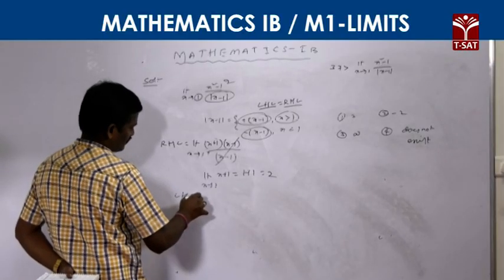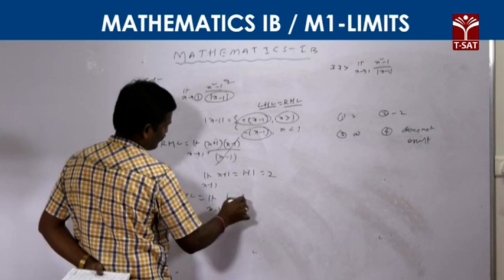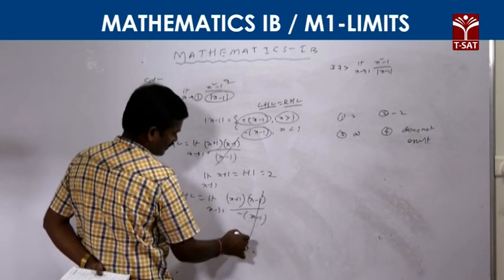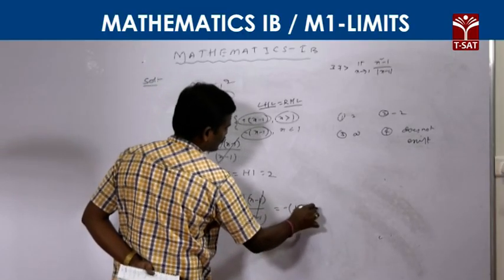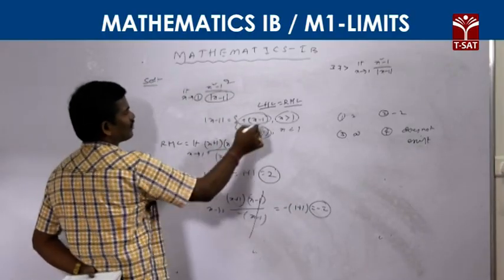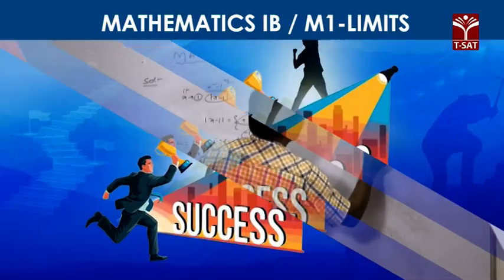LHL: you take limit x tends to 1 minus, f of x is what? (x plus 1) into (x minus 1), numerator as it is, minus of (x minus 1). Here x minus 1 cancels. So minus already is there, 1 plus 1, minus 2. So minus 2. LHL is not equal to RHL. So limit does not exist. Both are not the same. So answer is what? Does not exist. This answer is the correct answer.